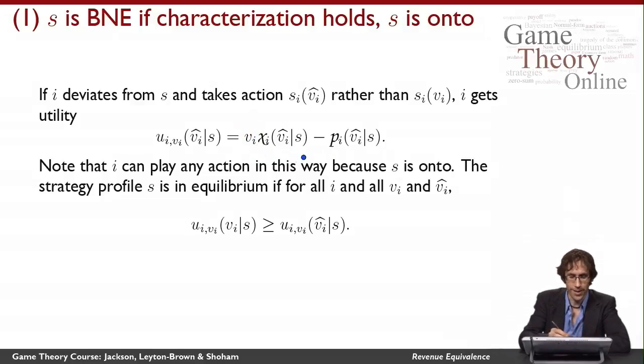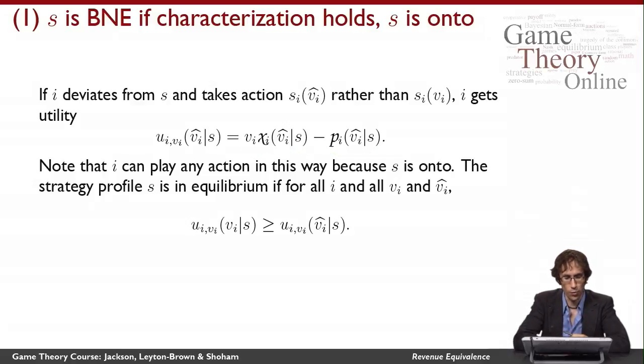But the probability that he gets the good is going to depend on his declaration. So he's going to have the allocation probability of an agent with type V hat I, but the utility for getting the good of an agent of type VI. And his payment is, of course, going to be the payment of an agent of type V hat I, because that's what he will have declared to the mechanism.